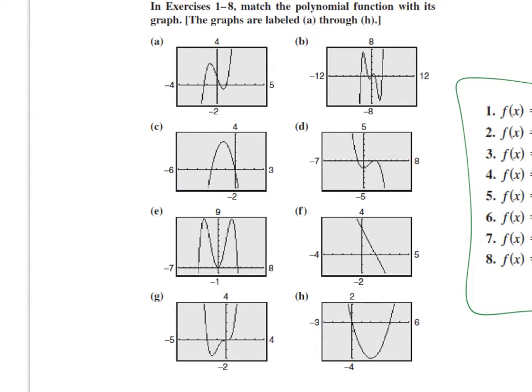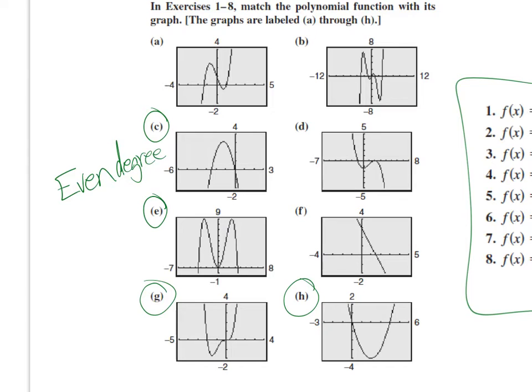A through H. Someone tell me one of the graphs that has an even degree. C. We're looking at A through H. C, E, G, H. All right, those all have even degrees, which obviously means the others have an odd degree.